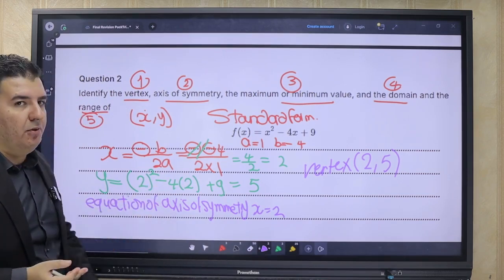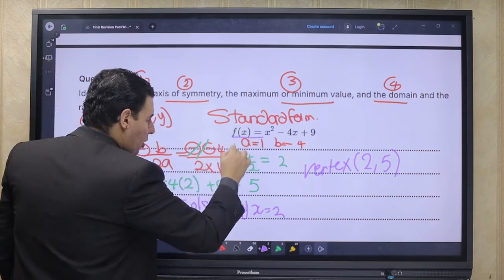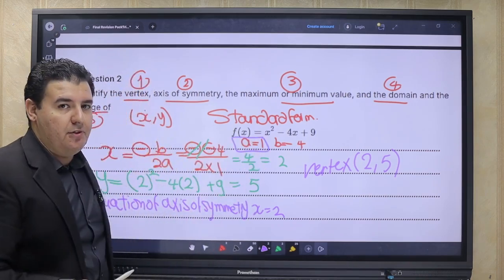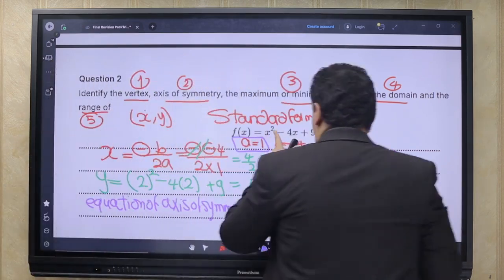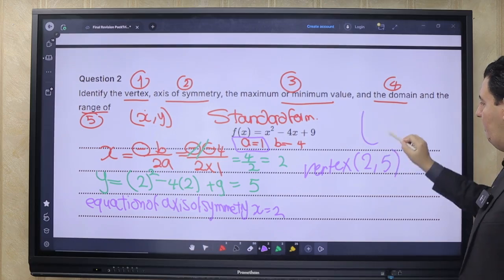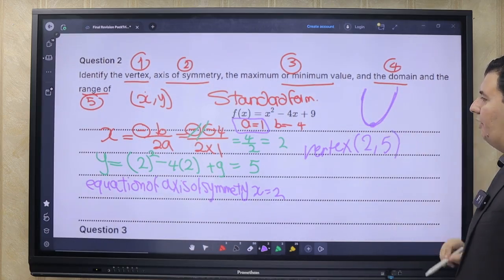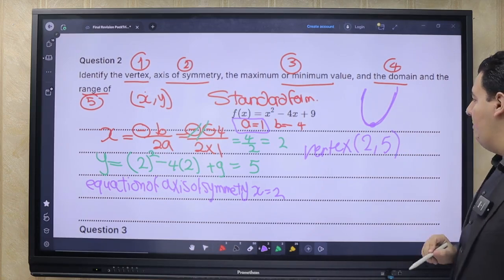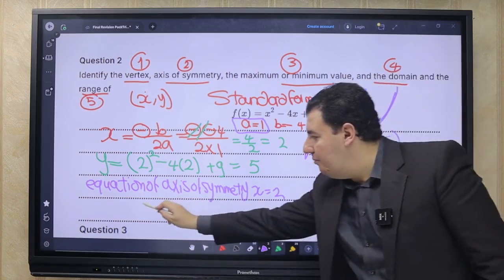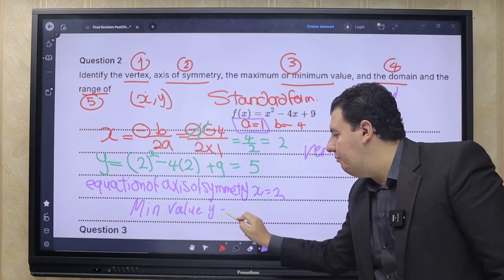How do we know if it is maximum or minimum value? If the coefficient of x squared, which is 1, or the value of a equal 1, which is positive, so this quadratic function has a minimum value. So the minimum value is y, so the minimum value here is y equal 5.